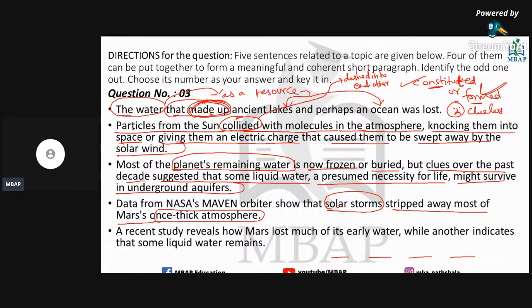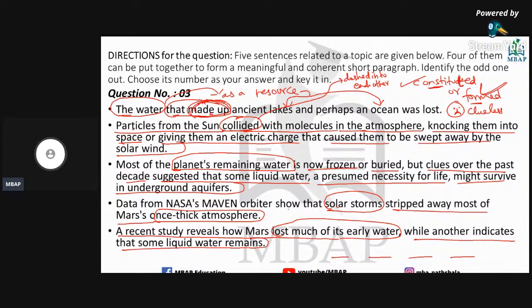And the last sentence says a recent study reveals how Mars lost much of its early water, while another indicates that some liquid water remains.